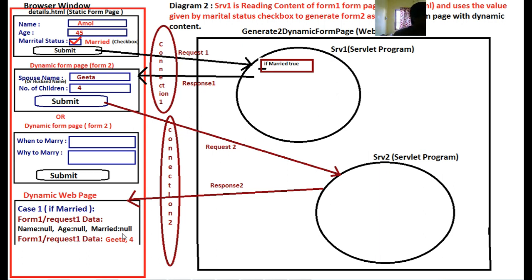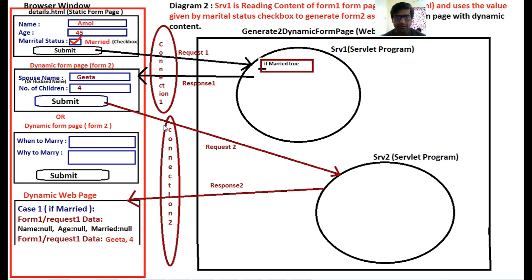So in this case, during a session, our web application is not capable of gathering previous request related data into the second request and sending the response to the browser as a dynamic web page.